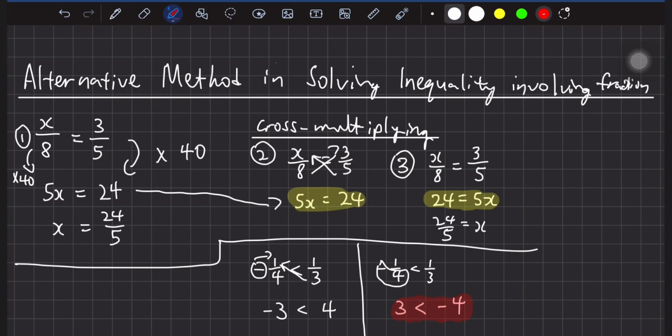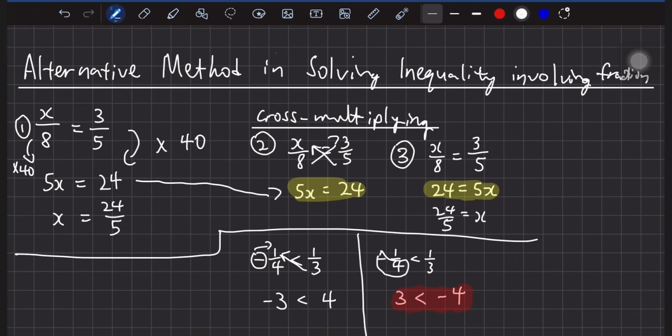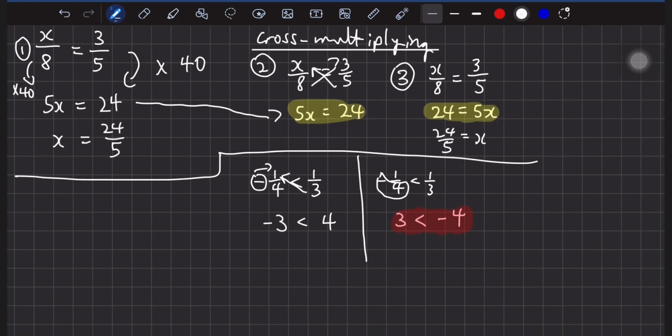Am I right? So students have to be very careful when it comes to solving inequality involving fractions.